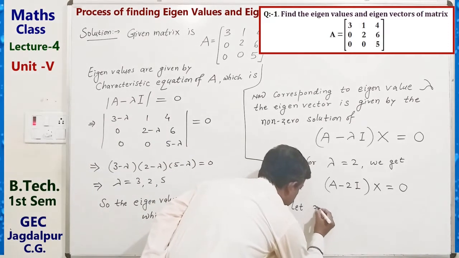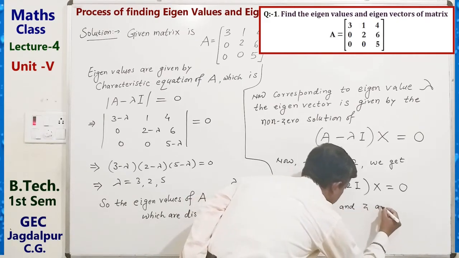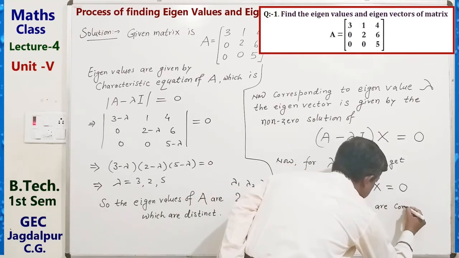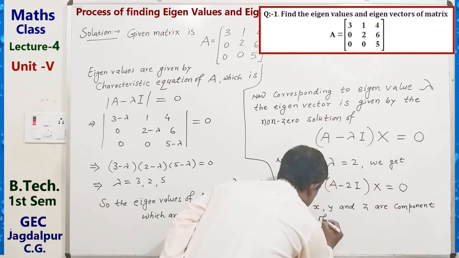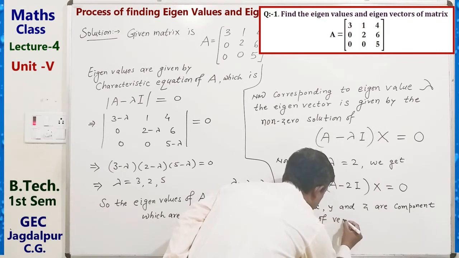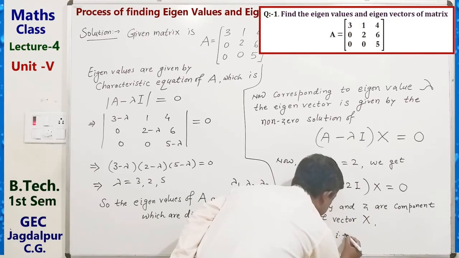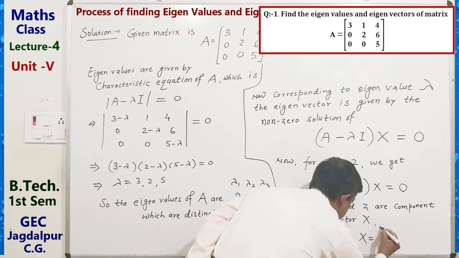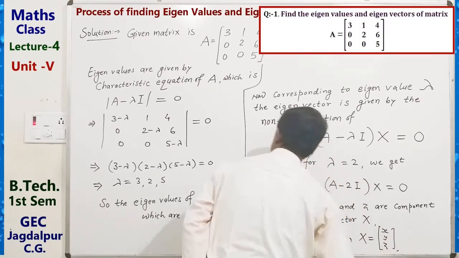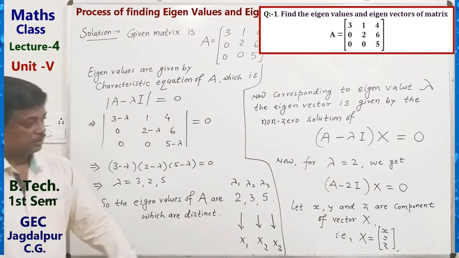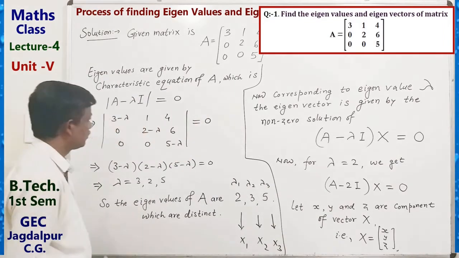Let x, y and z be the components of the vector x, that is x equals x, y, z. Then the system will give the equations.